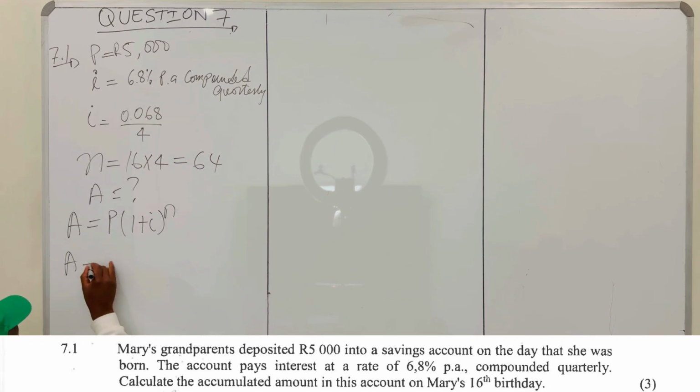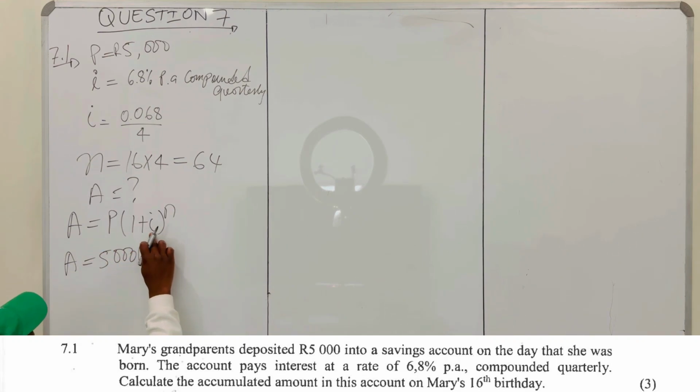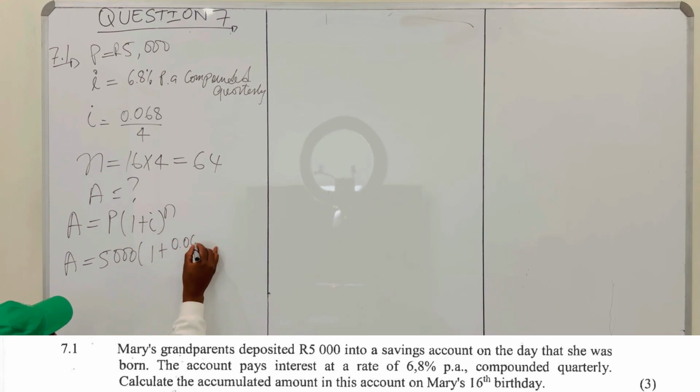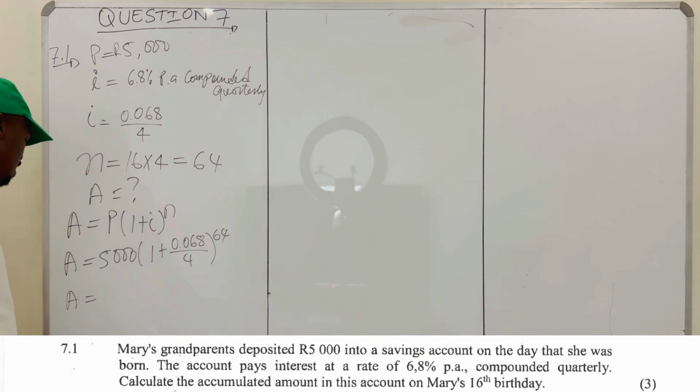Our A is equal to P, which is 5,000, times (1 plus i), where i is the interest rate per compounding period, which is 0.068 over 4, all raised to 64. Therefore, the answer will be the amount on that savings account at the end of 16 years.